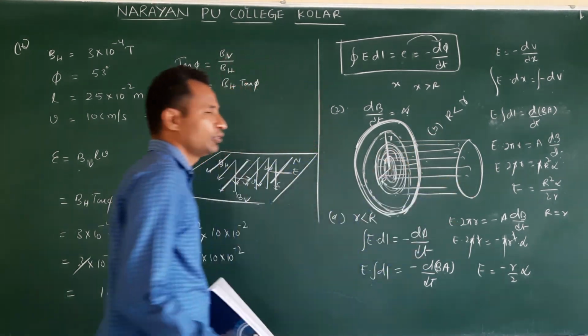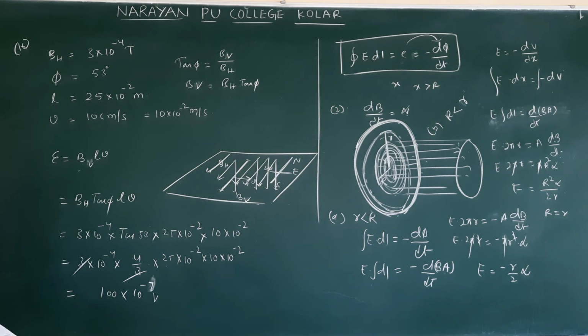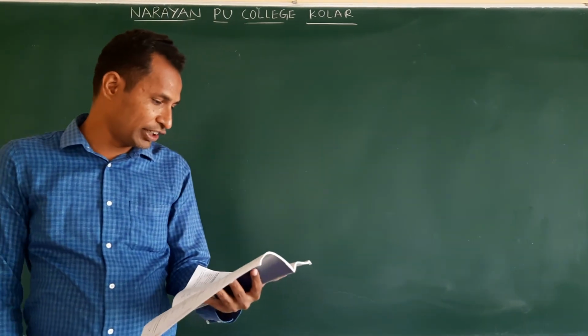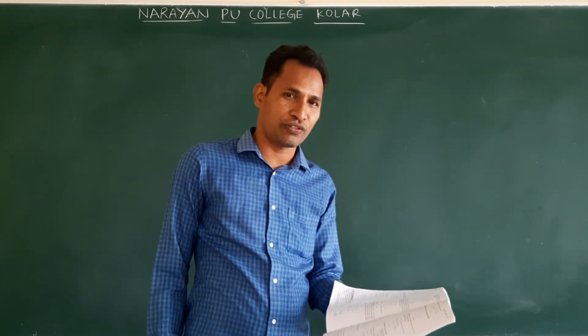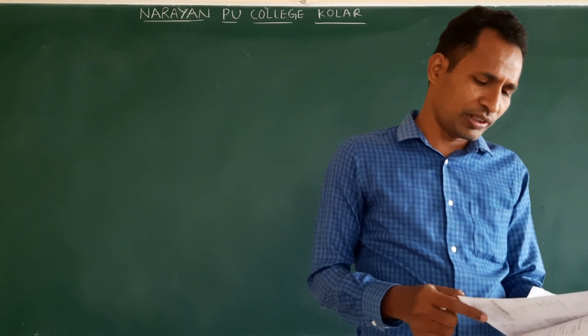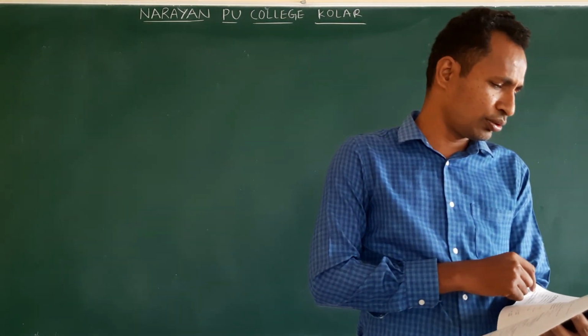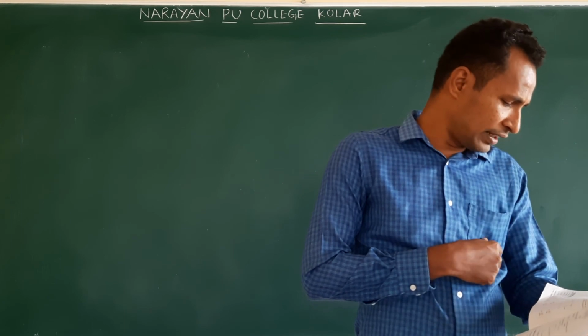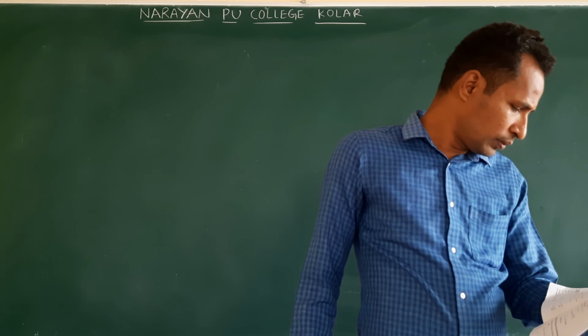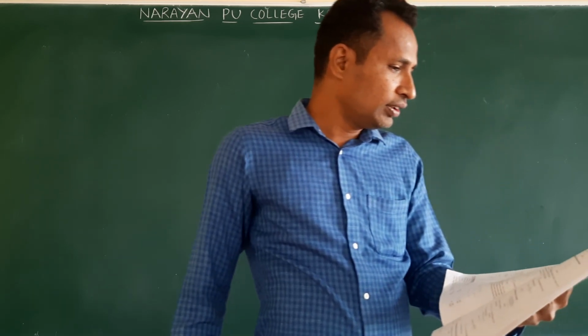That you write down, and by making E the subject you will get the electric field. Next, the variation of electric field in that region, the given graph. We will expect this in competitive exams, so take care and test your knowledge. Common questions. But come to the second question.